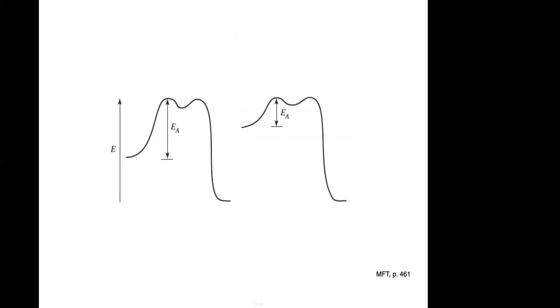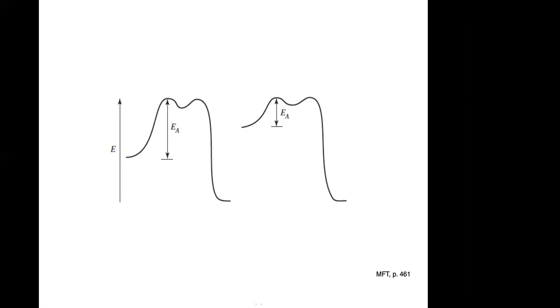But the basic idea is that if you had a weaker bond, then it should take less activation energy to break that bond. So this is a reaction coordinate diagram, and comparing to the situation on the left, if we have a weaker bond that we're substituting the ligand for, then we might have a higher starting point energy and therefore a lower activation energy. Right? So that's why one might invoke the trans influence.